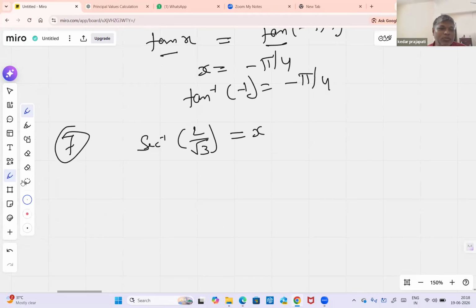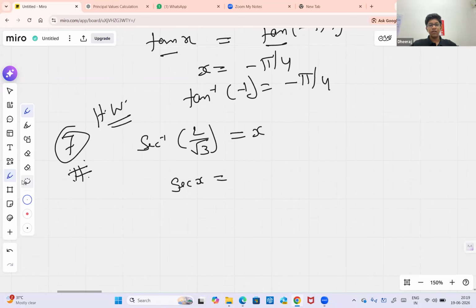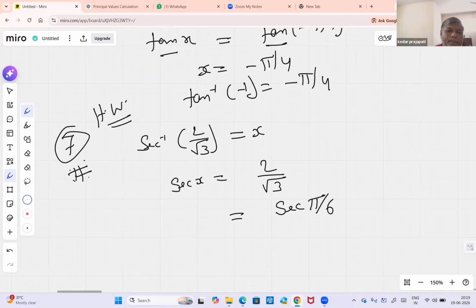Maybe you can solve it and send it to me on WhatsApp as homework. Or I can do it now and show it to you. Secant x is equal to 2 by root 3. Secant pi by 6 is 2 by root 3. So x is equal to pi by 6.